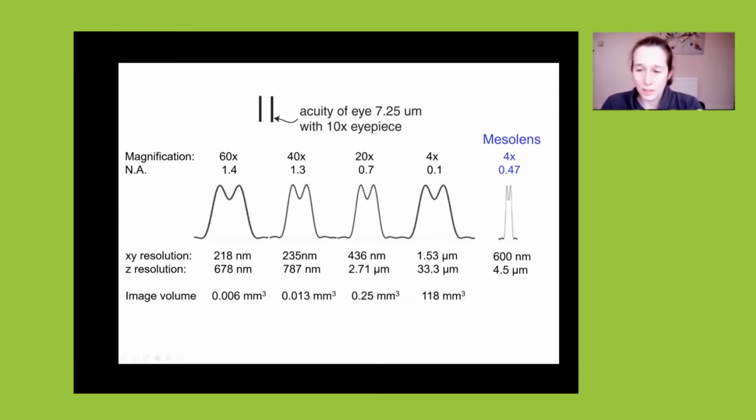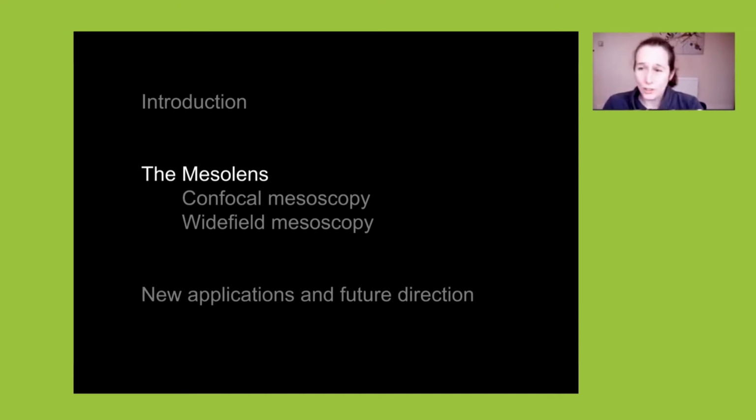And what that gives us is subcellular resolution in 3 dimensions within over 100 cubic millimeters of tissue volume. So we can image hundreds of thousands of cells within a large tissue specimen. So we've called this lens the Mesolens because it sits somewhere between a macrophotography setup and a microscope objective lens. So it really is the Mesopotamia of the microscope world.